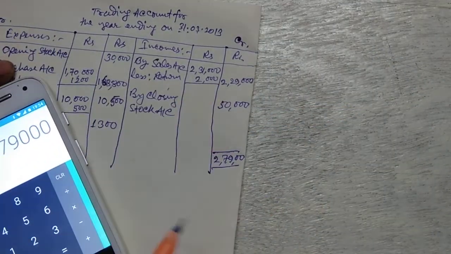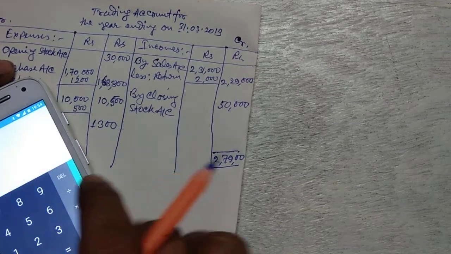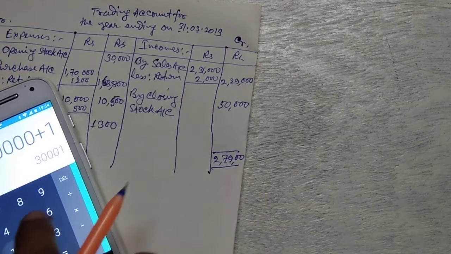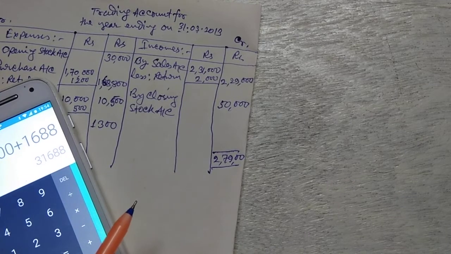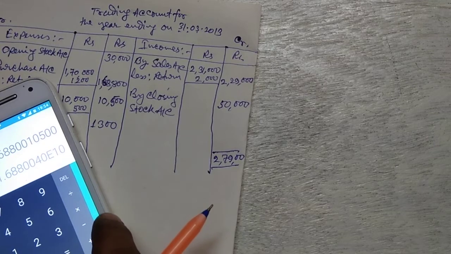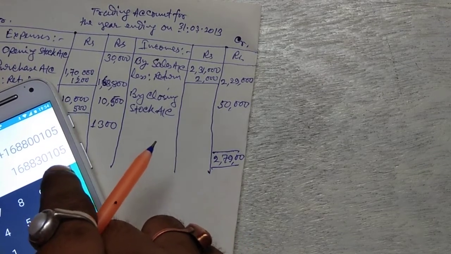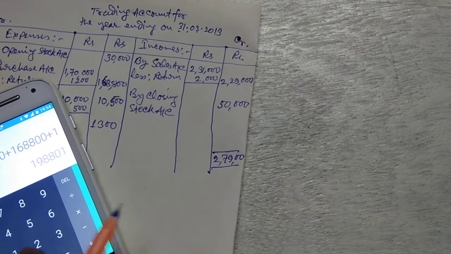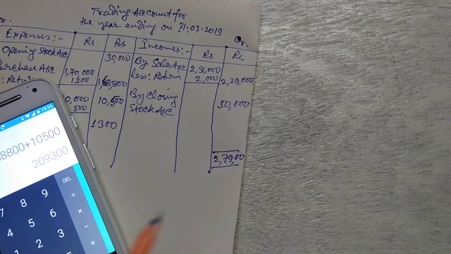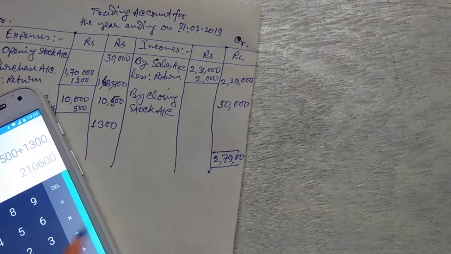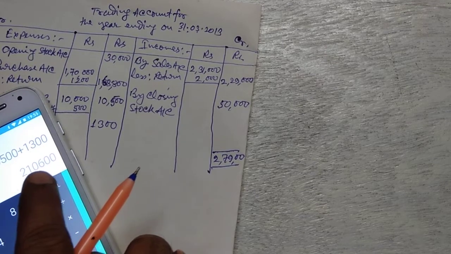Now here we have to add all these figures. 30,000 plus 1,68,800 plus 10,500 plus 1,300, that is 2,10,600.